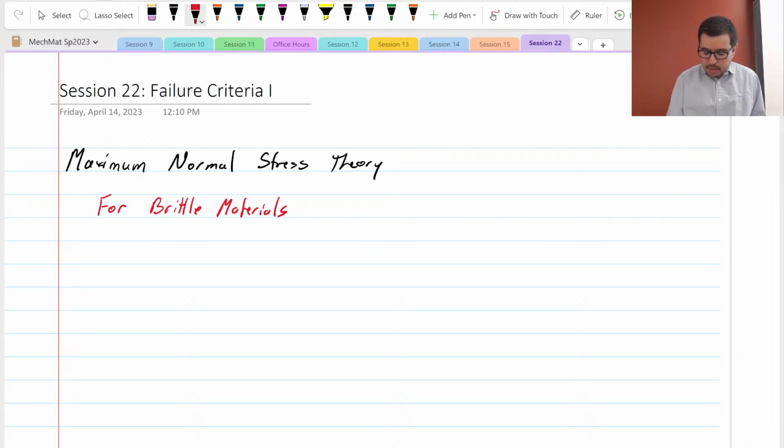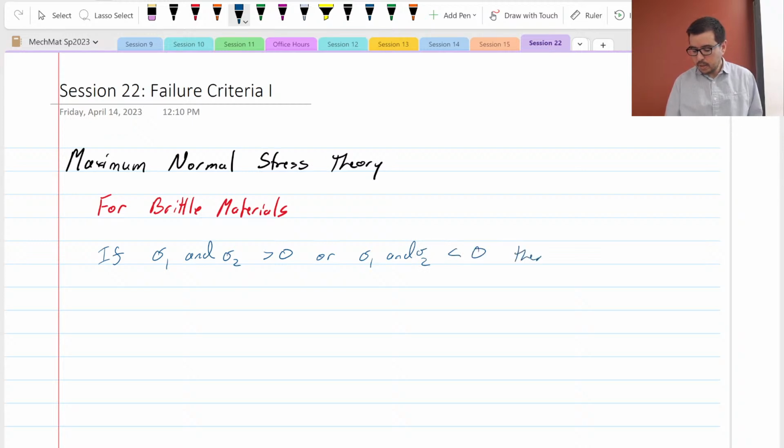If sigma 1 and sigma 2 are both greater than 0, or both less than 0, then we can use the relationship that sigma 1 needs to be less than or equal to, or in the notes I think we even say equal, the ultimate tensile strength or ultimate compressive strength.